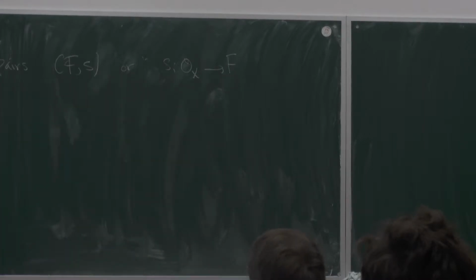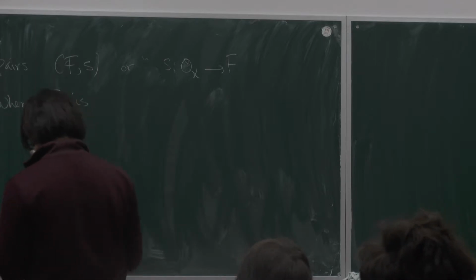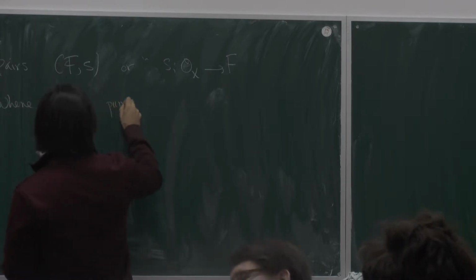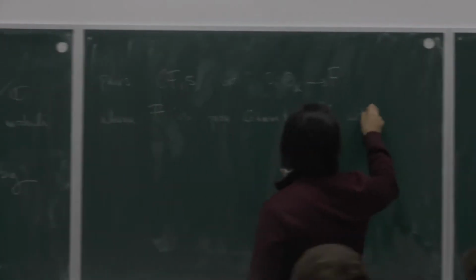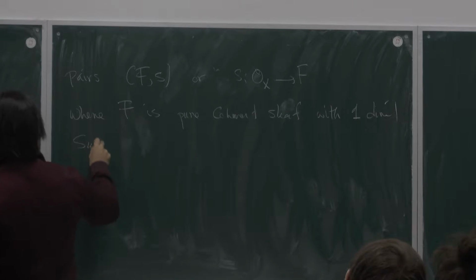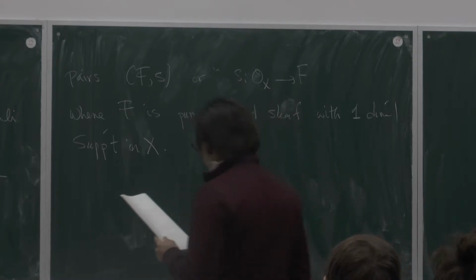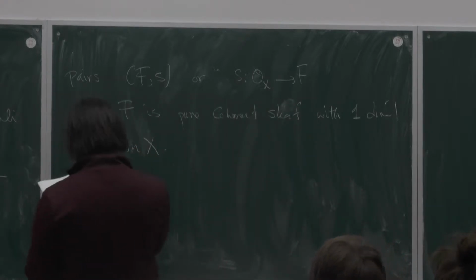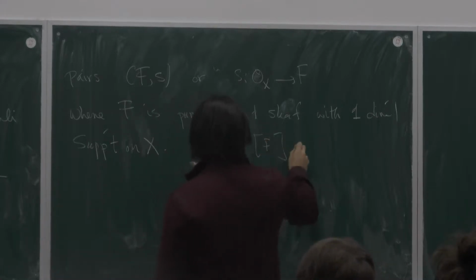of a sheaf and a section, a morphism in the category of coherent sheaves on X, where F is a pure coherent sheaf with one-dimensional support on X, with homology class equal to beta.